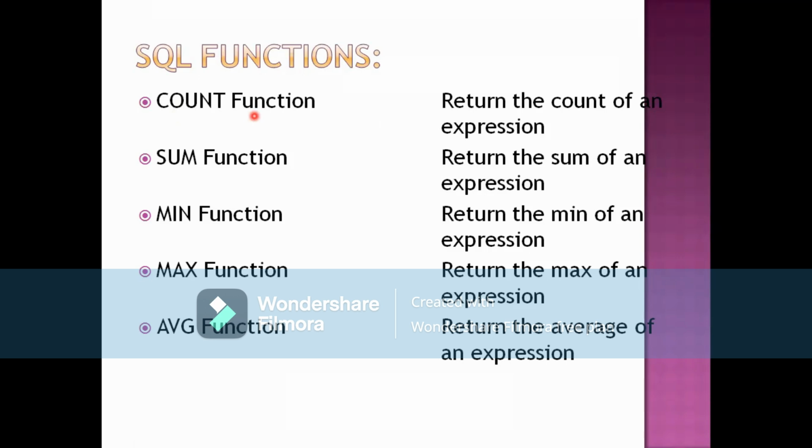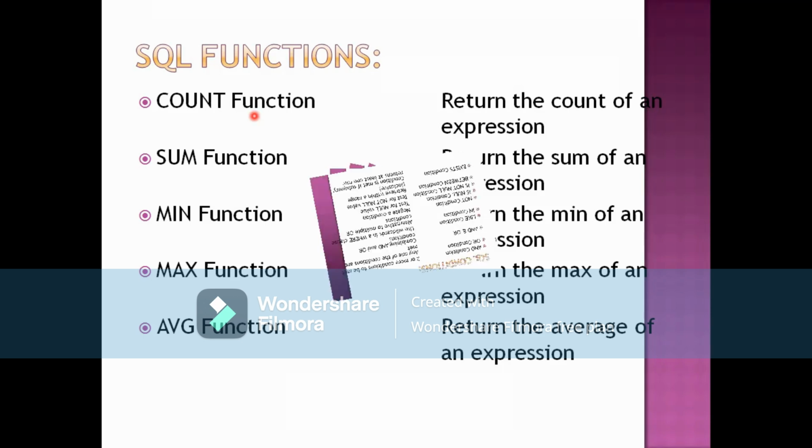That is indicated by the count function. Next one is the sum function, addition. Minimum function, the minimum value will be returned. Maximum function, the maximum value will be returned. Average function, the average of a particular column can be returned by using this average function. So these function concepts we will also cover in this SQL tutorial.